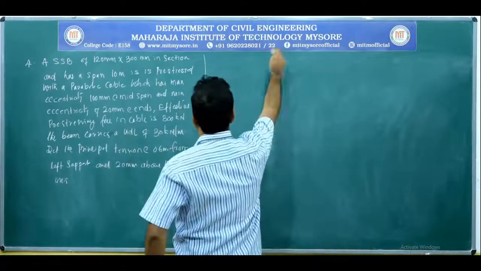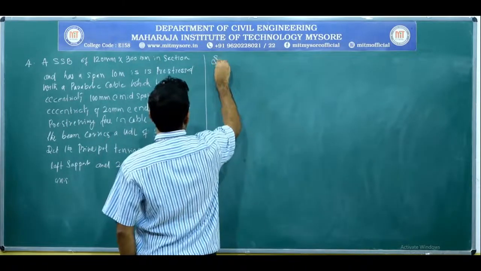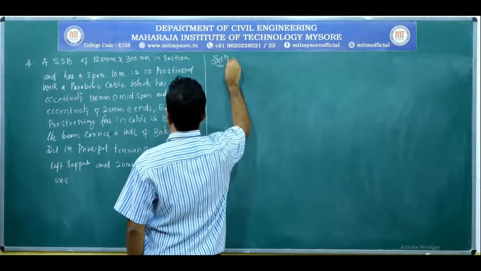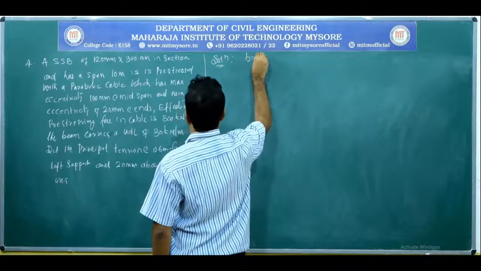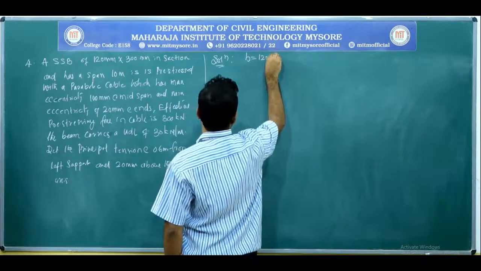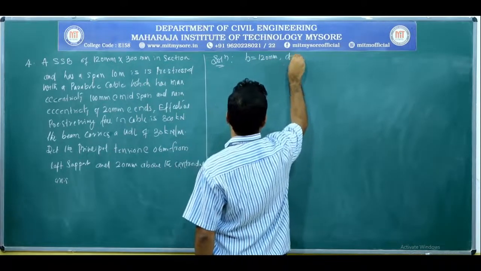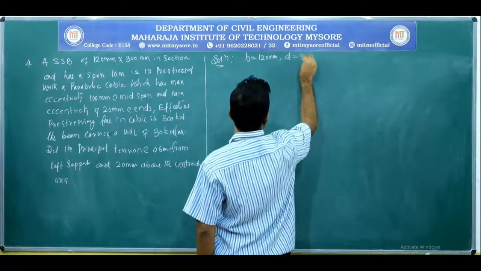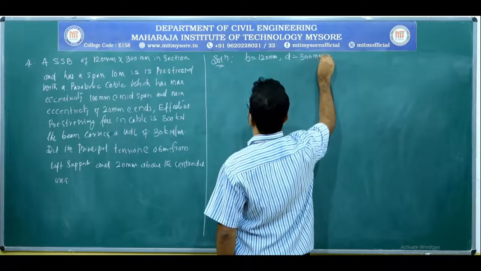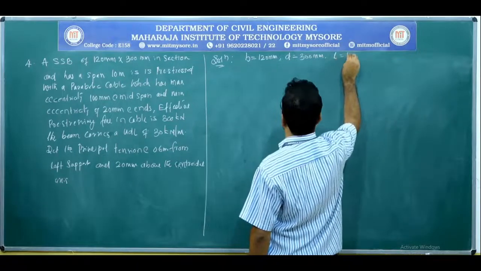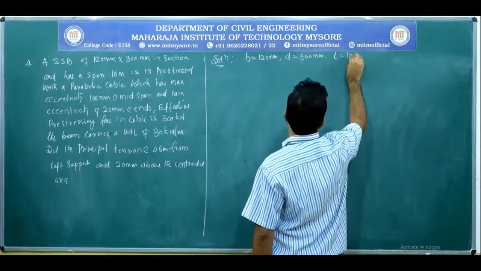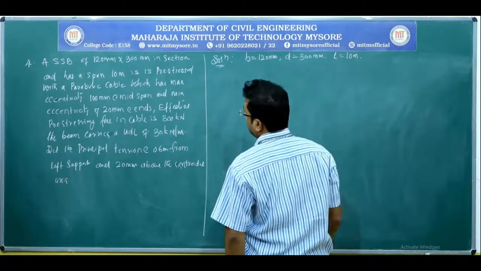Now let's note down what is given. They have given B as 120 millimeter, depth of the beam as 300 millimeter. The span is about 10 meter.